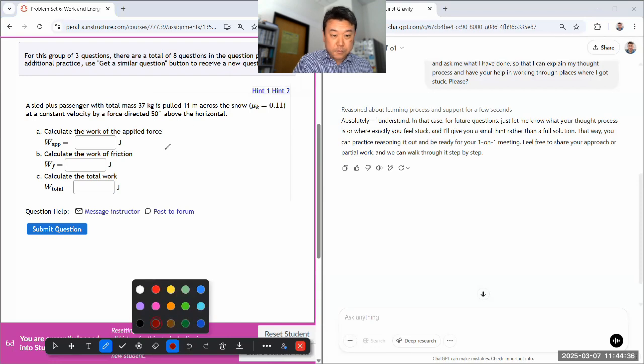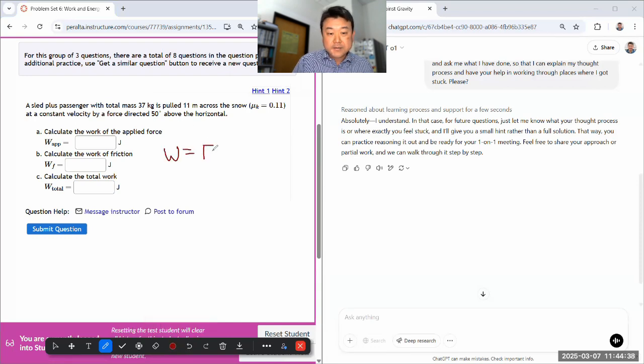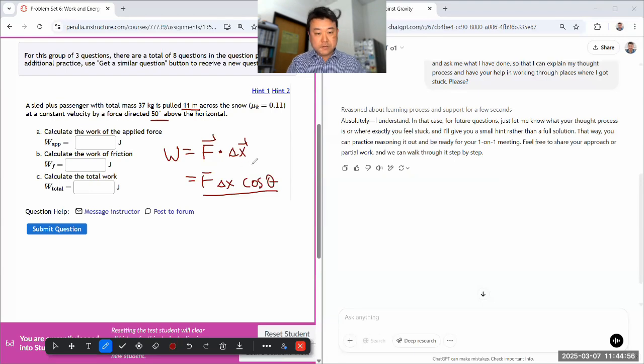So work is defined as the dot product between force and displacement. So F delta x cosine theta. So you think, okay, calculate the work of the applied force: applied force times delta x, I have theta. Great. And then you should realize, oh, I don't know F.